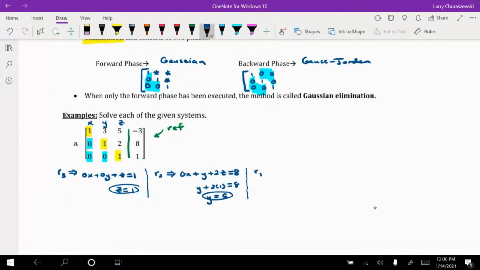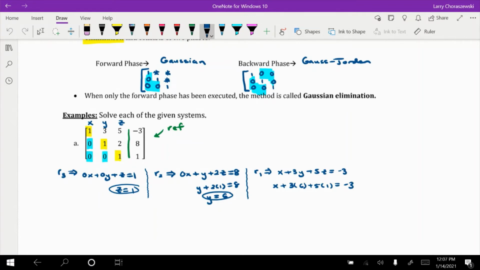Let's see what row 1 tells us. Row 1 tells us that x plus 3y plus 5z is equal to -3. And we definitely have enough information to figure out the value of x. x plus 3 times 6 plus 5 times 1 is equal to -3. This is why I started off with row 3.